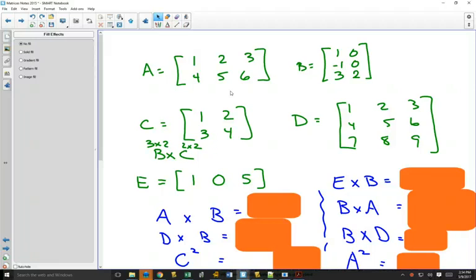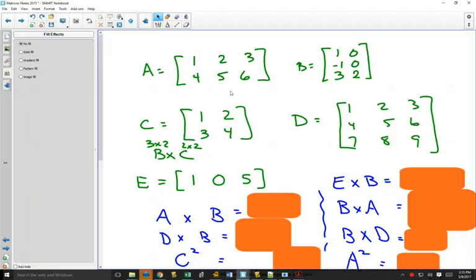In your calculators, you are going to put in these 5 matrices, A, B, C, D, and E. So the first job that you have to figure out is how you would do that. And then I want you to do some matrix multiplication. I want you to do A times B and write out the answer.